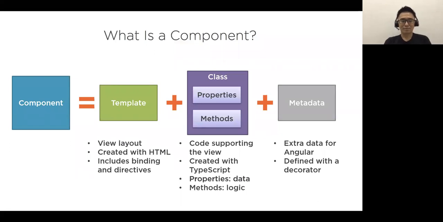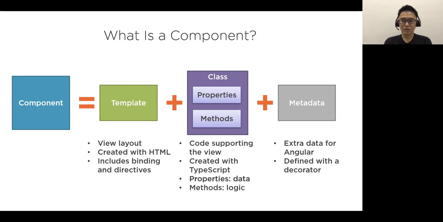What is a component? As I explained last week, a component is actually a template. Template stands for the HTML plus the CSS, where you display the content to the user, plus the class. The class is where all the source code is, and you do all the automation in the class. In the class, you will find a lot of properties and some methods.